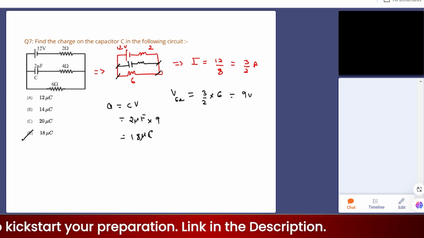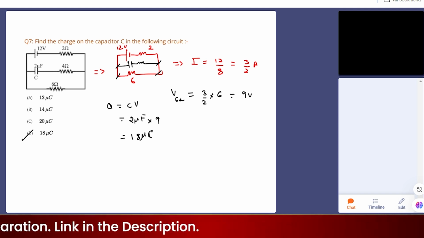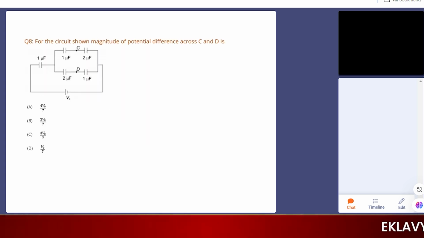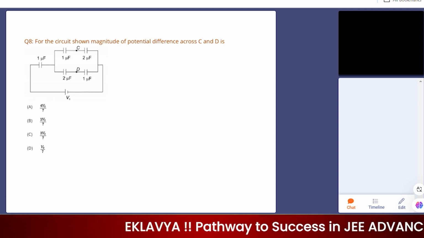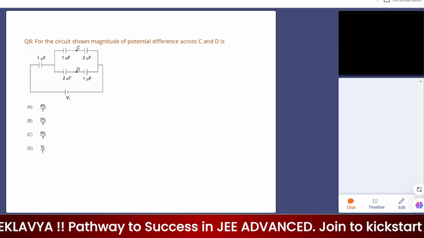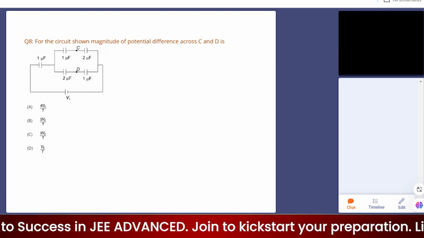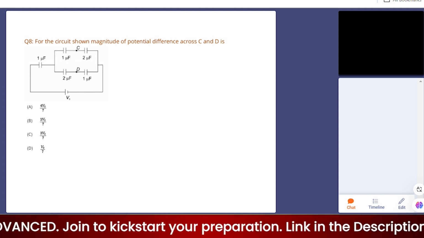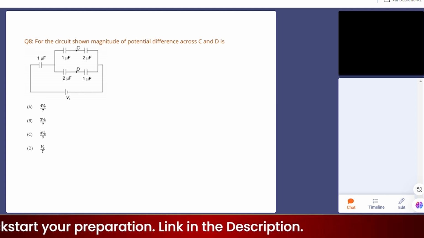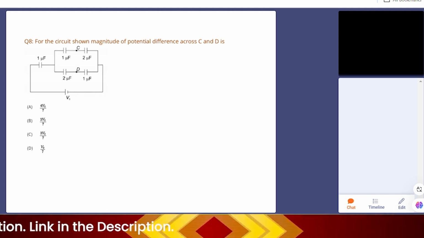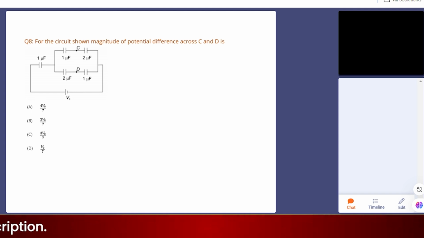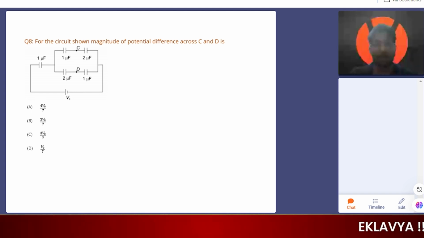Okay, let's go for the next one. Question number 8. For the circuit shown, find the magnitude of the potential difference across C and D. Well, this we can understand easily if I pick the path C to D like this across the 1 and 2 microfarad capacitance.